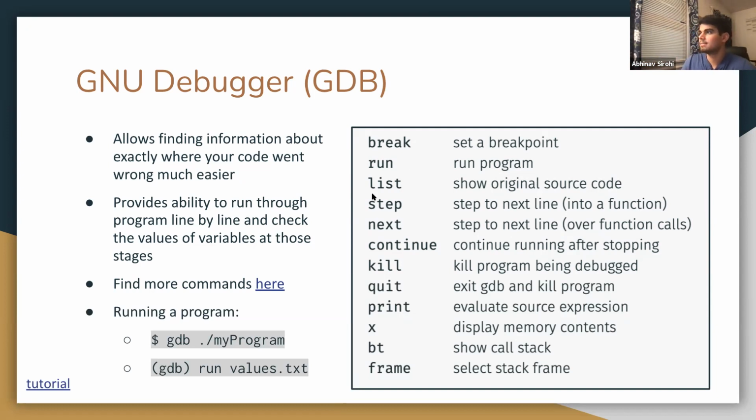You could do list, and that'll print the original source code, or you could use step to go to the next line, and you could do next to step to the next line but pass over a function call. And you could use print to print the value of anything at that moment.